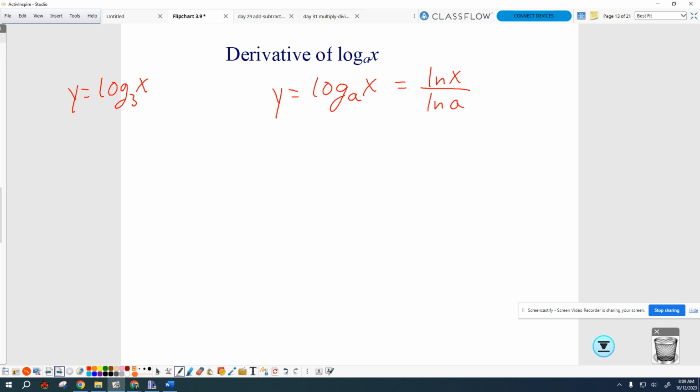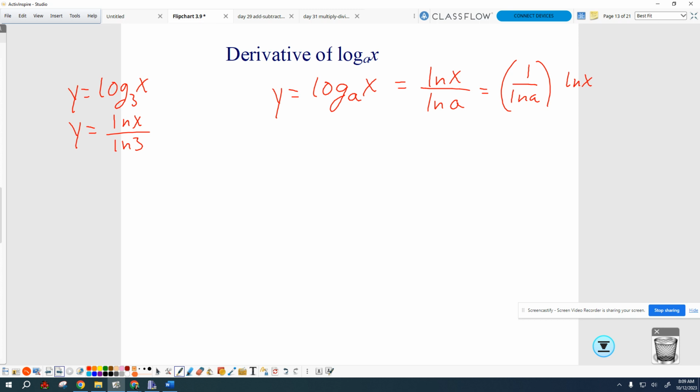It's a number. So like in this one, this is natural log of x over natural log of 3. Natural log of 3 is just a number. So you had to have chosen your a value. All right, so just to make this hopefully stand out more, that's just a constant.